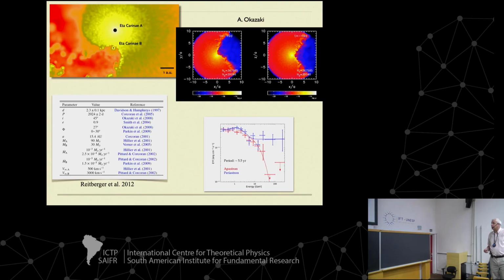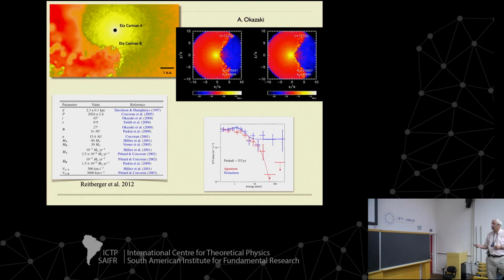So what happens with the high-energy spectrum? Well, it's very different along the orbit. During the periastron, you have high-energy emission that you can see here, this tail that can reach high energies. And during the apastron, you only have this component here.